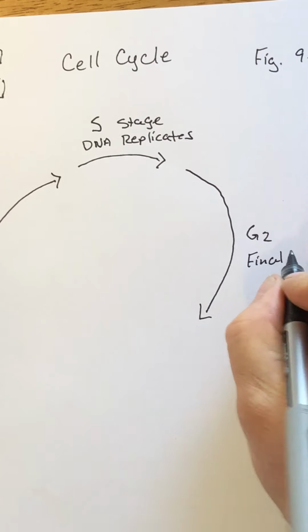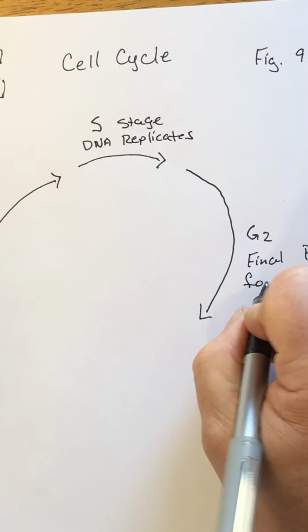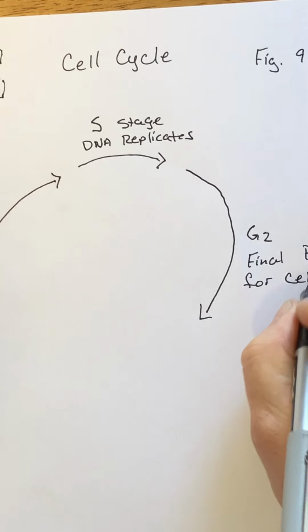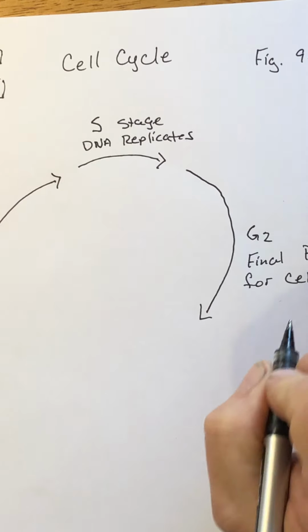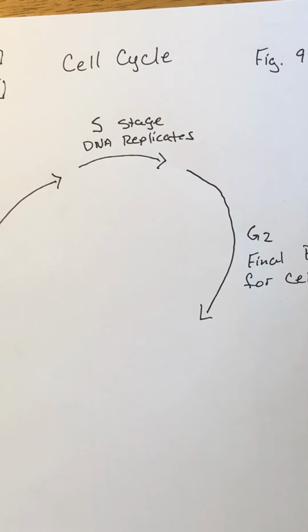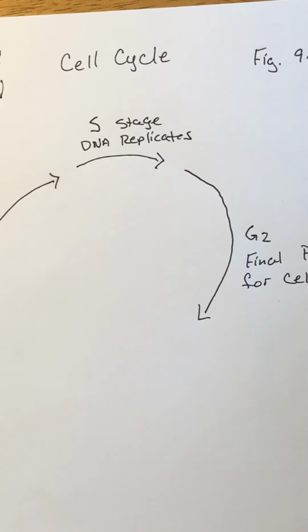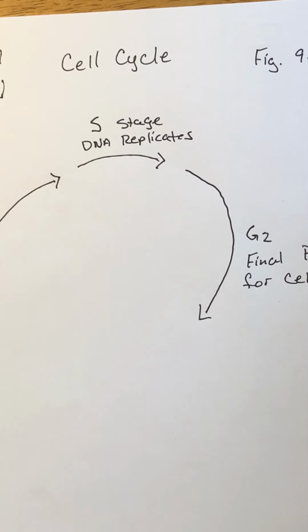So this is final prep for cell division. Proteins, checking to make sure that the DNA is replicated accurately, kind of just the last thing before we go into the actual process of dividing the cell.